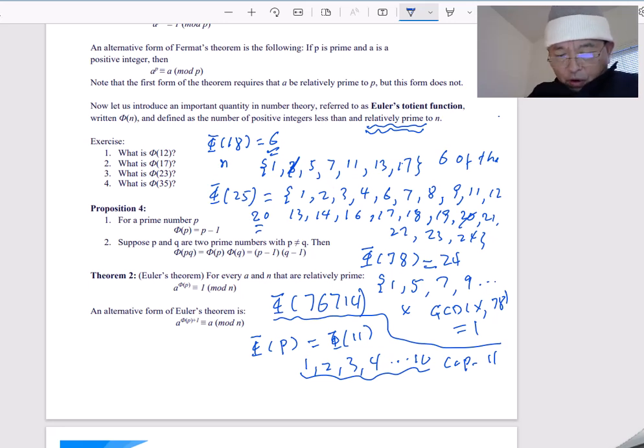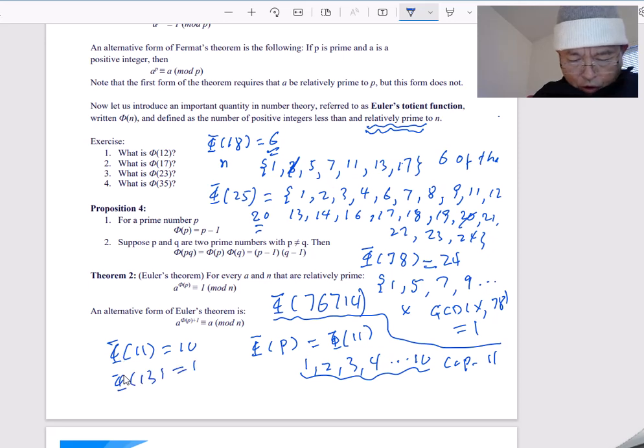Therefore, for a prime number, the totient is easy to find. For the prime number 11, it is 10. For the prime number 13, it is 12, because anything below is relatively prime. Therefore, for a prime number p, the totient is p minus 1. This is the important fact to remember: to calculate the totient of a prime number is very easy.